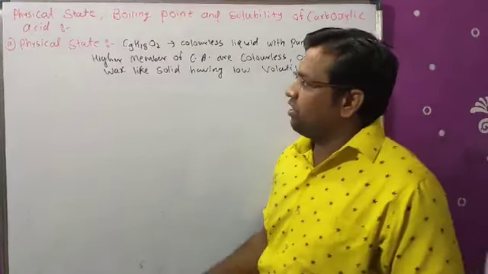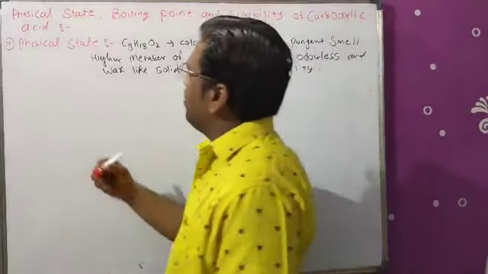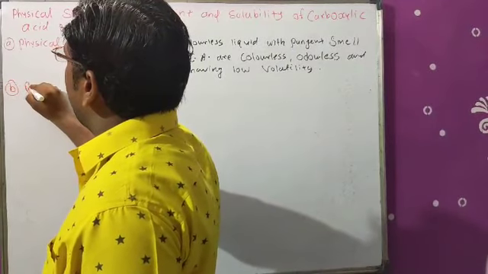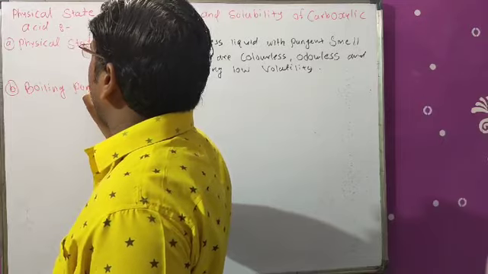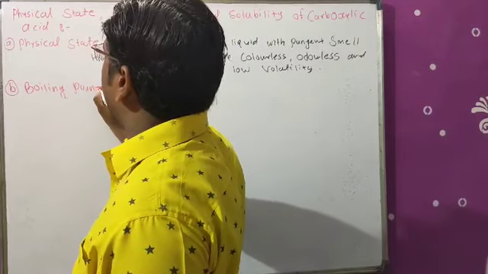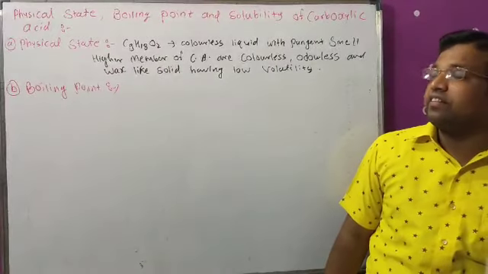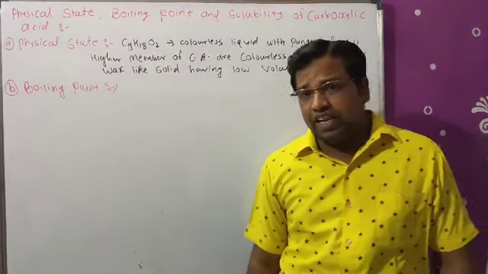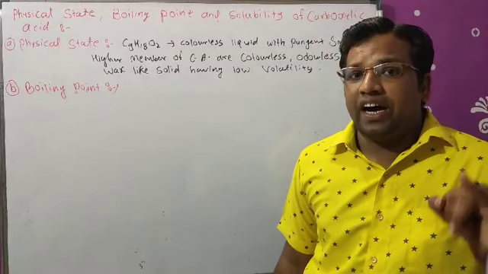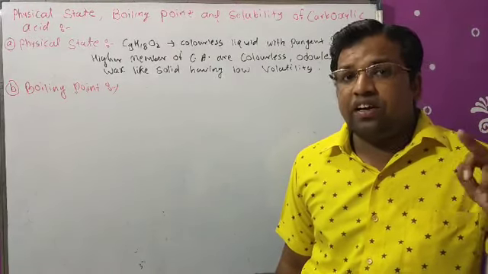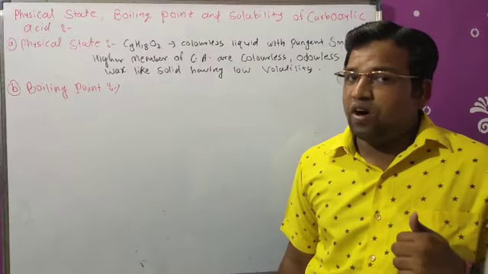Our next point is very important, the boiling point. As we know from the boiling point of aldehydes and ketones, carboxylic acids have a higher boiling point than alkanes, ethers, alcohols, aldehydes and ketones. Why?